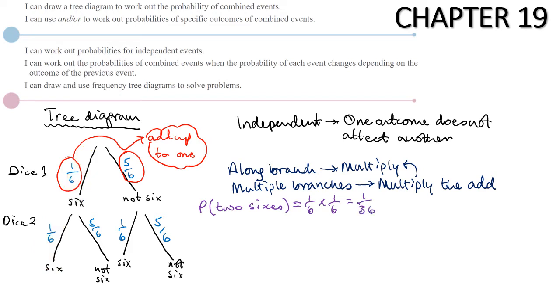Okay, what if I wanted to work out the probability of, let's say, I get a 6 on dice 1, and I get not a 6 on dice 2.